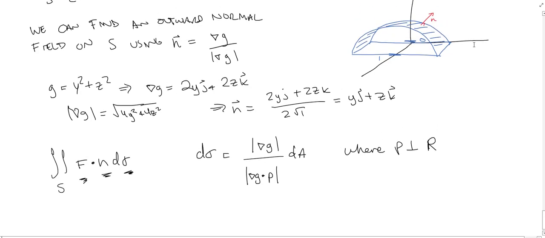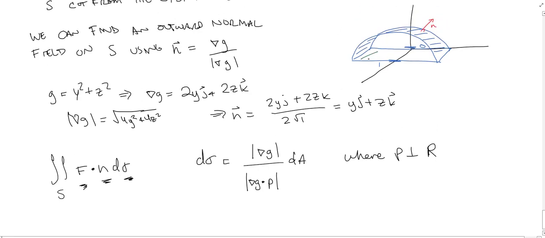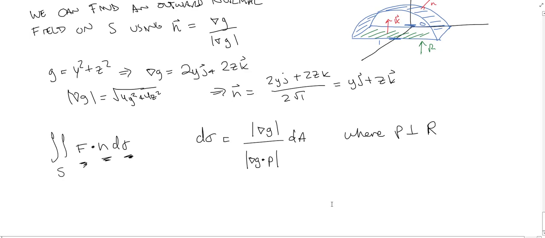So going back up to our image here, this part would be r. So r is in the xy plane, and so for us, p, a vector that's normal to that, could just be the unit vector k. So for us, we can just fill this in.